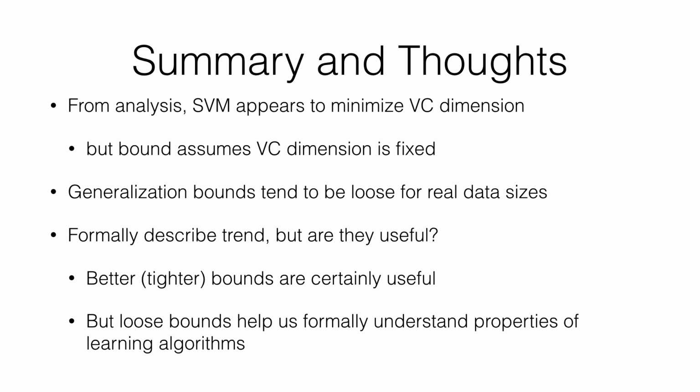But if I can attempt to characterize a debate that goes on a lot in the development of machine learning algorithms, one view is that we should be producing algorithms based on known or new generalization bounds, because these bounds give us principles on which we can build learning approaches. The other side of the argument is that these bounds are usually not useful at the real data sizes that we have, so why should we bother with them? Instead, we should just try to come up with cool models and see if they work on real data.